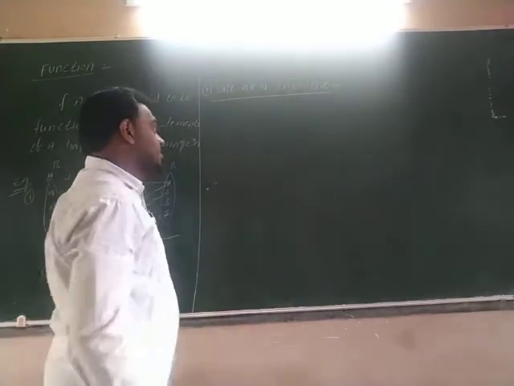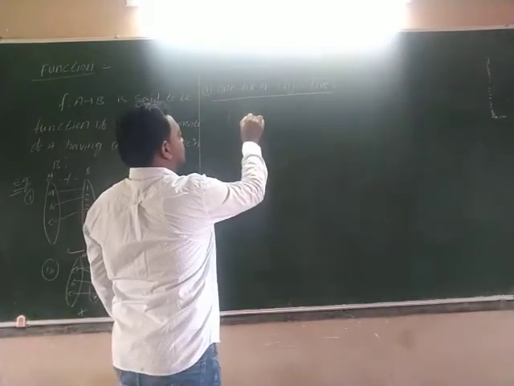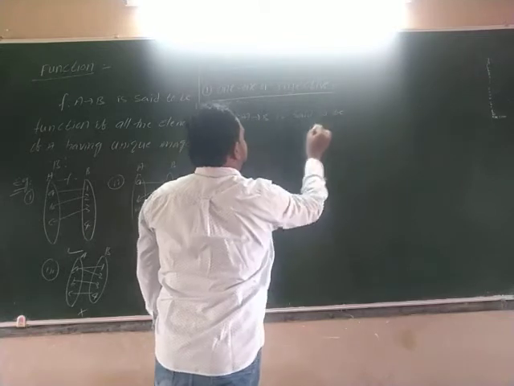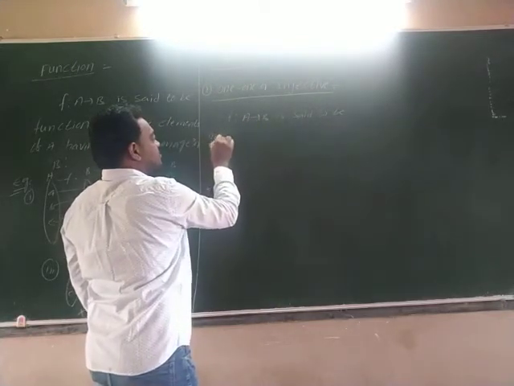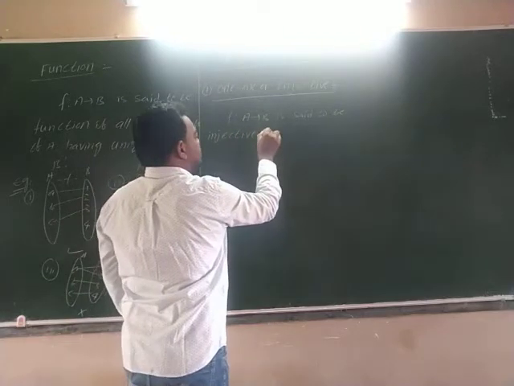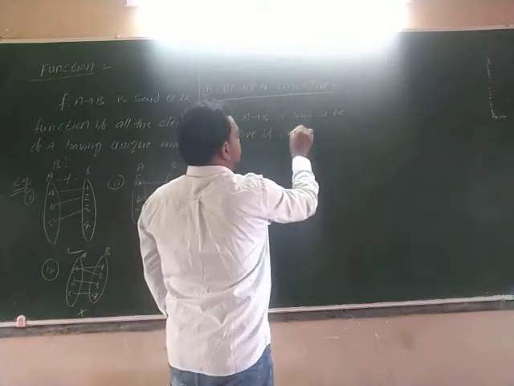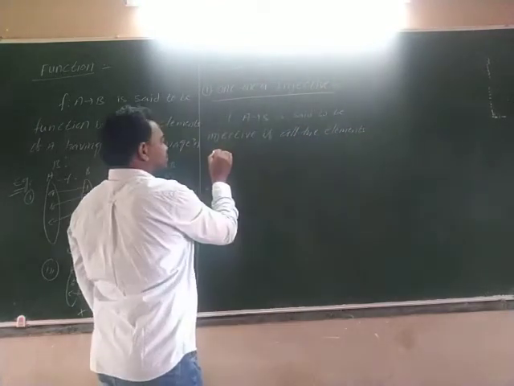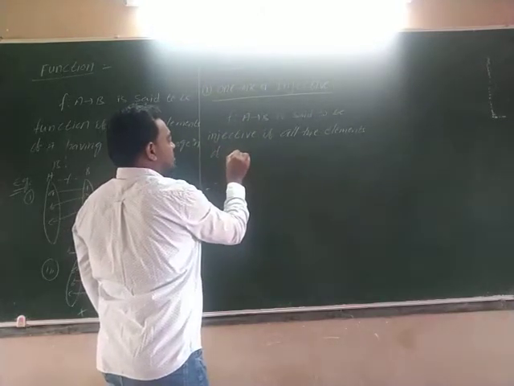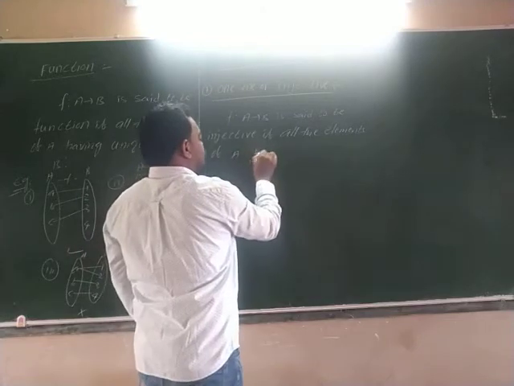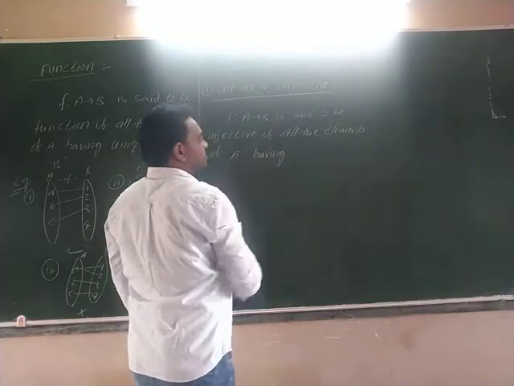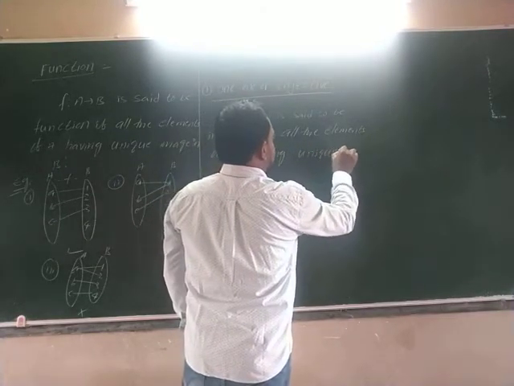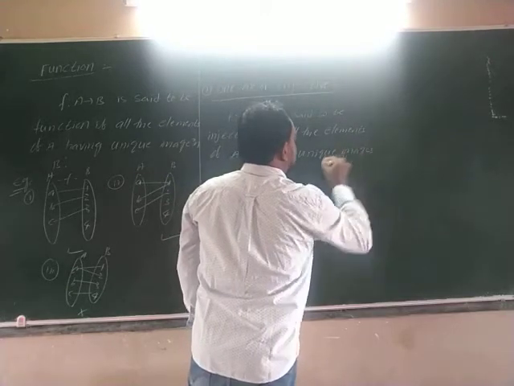Very simple. A function f, a mapping from A to B, is said to be one-one or injective if all the elements of A have unique images.